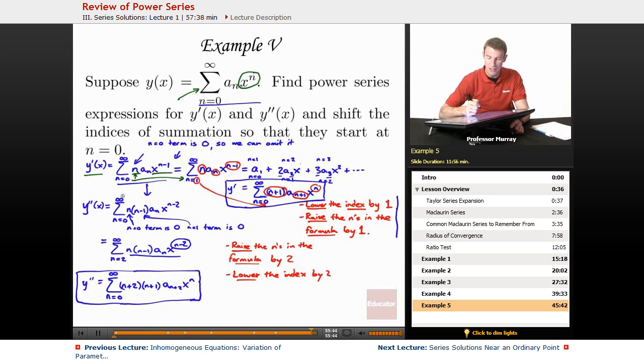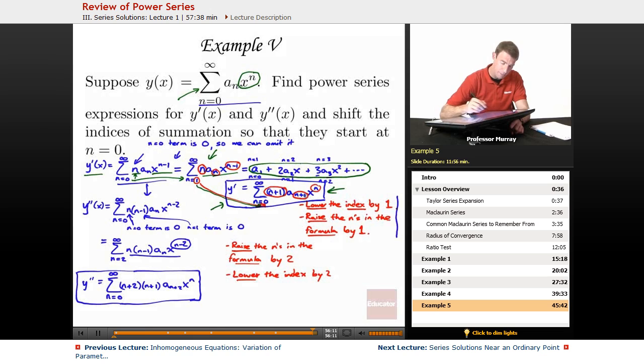And then I did this shifting index trick where I lowered that 1 down to 0, and then I raised all these n's. And the way you can justify that if you want to is to expand out both this series and that series. And if you expand out either one, you'll see that you'll get this series either way. Those are really the same thing. So that was my formula for y prime.